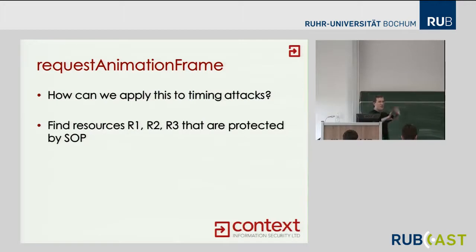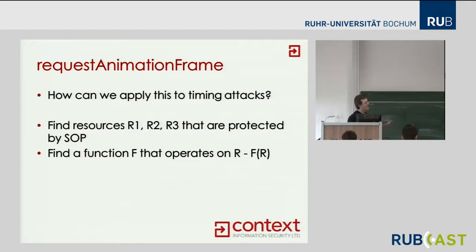This is talking at a very abstract level. It will make more sense later on, but at a very high level, with a timing attack, we want to find some resources, some things which we're not allowed to see because of the same origin policy. So we find these resources. And then we need to find a function, something that takes that resource and does some processing on it.